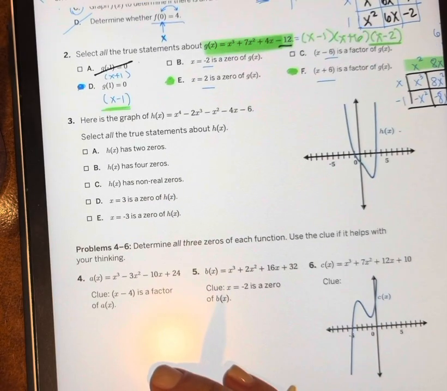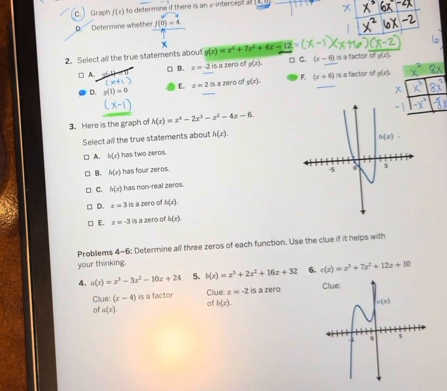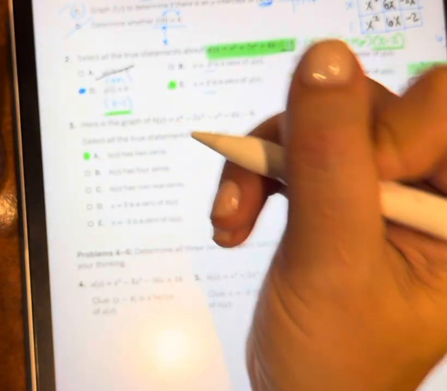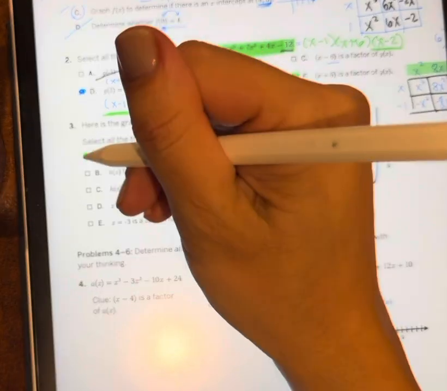Okay, here's a graph of this guy. Select all the true statements. Does h of x have 2 zeros? Actually, mathematically, this would be a true statement, even though technically they mean it to be not true.